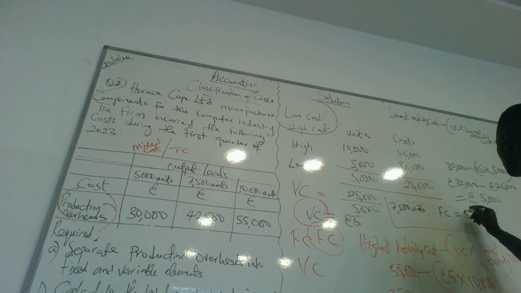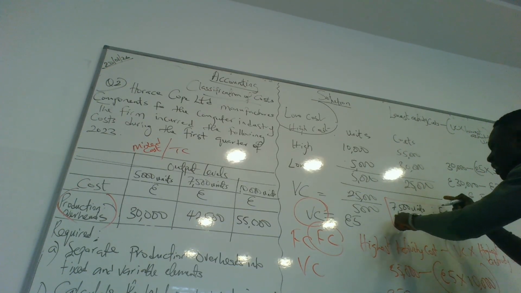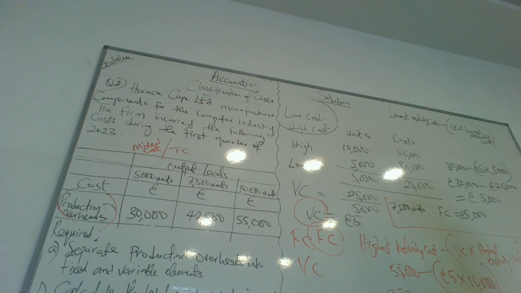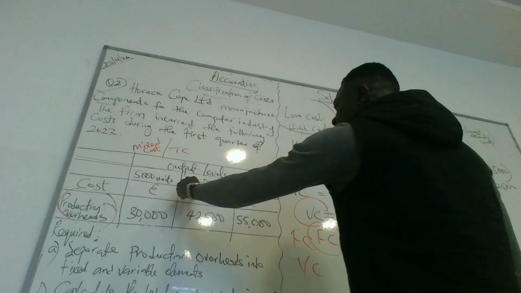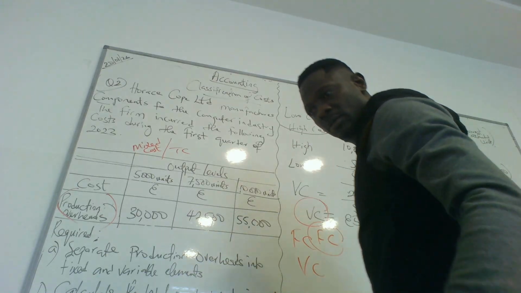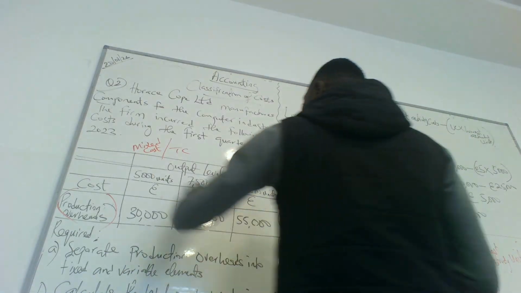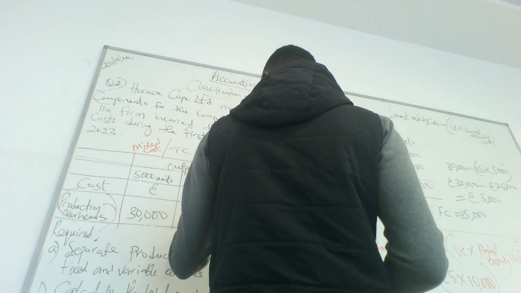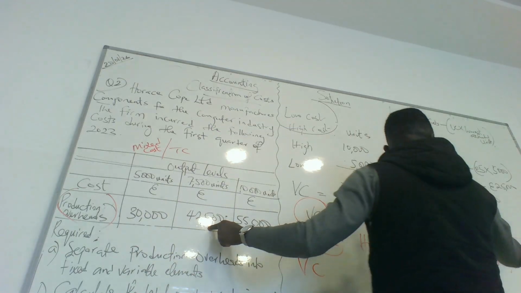FC is 5,000. Yes or no? Yeah. So if 5,000 is taken away from here, the rest is our variable cost. What's that? You wrote 7,000. For 7,500 units, it's 42,500, sorry.